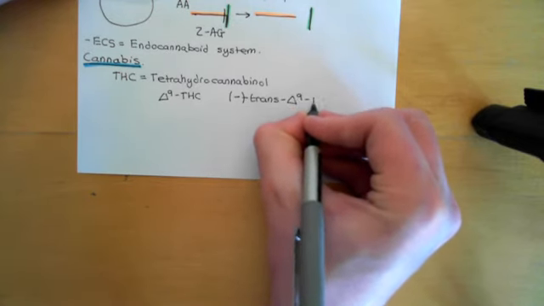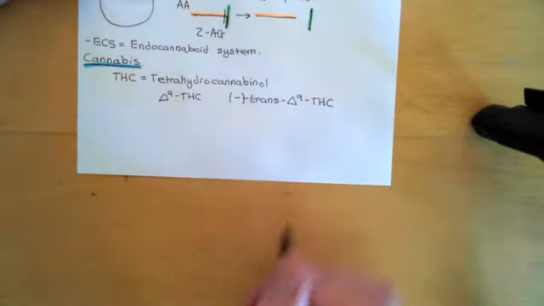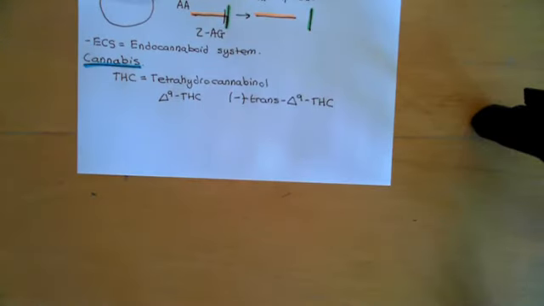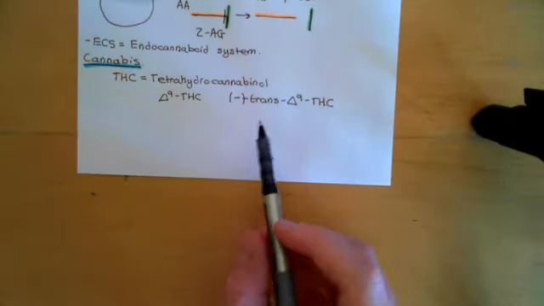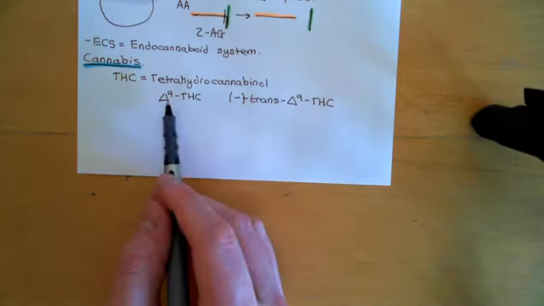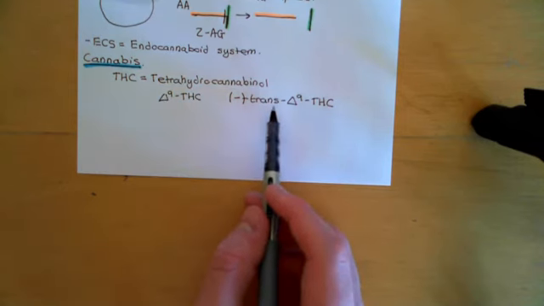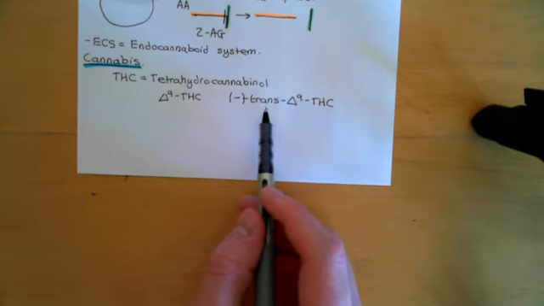Okay, so I want to explain the reasoning behind this name. So I'm going to show you the structure of delta-9 tetrahydrocannabinol, specifically negative trans delta-9 tetrahydrocannabinol. Basically all of this refers to isomerism. The delta-9 is about structural isomerism, and then the negative trans, I'm afraid, is about optical isomerism.